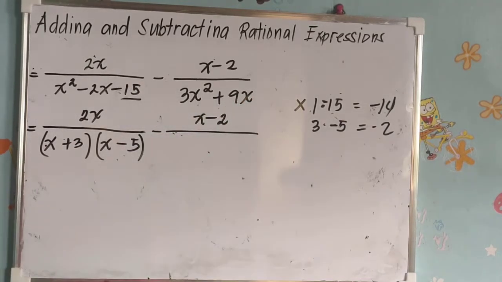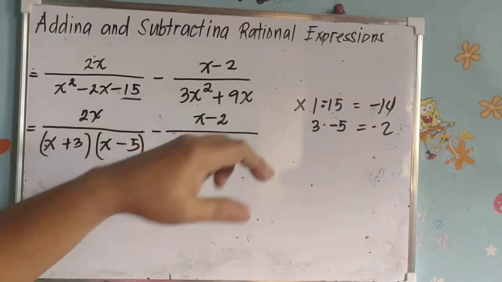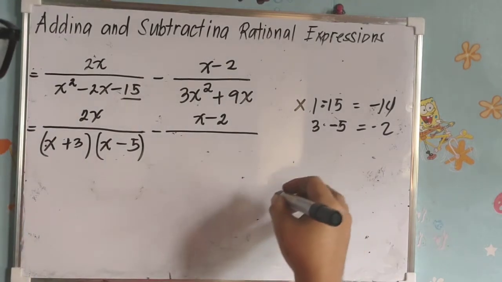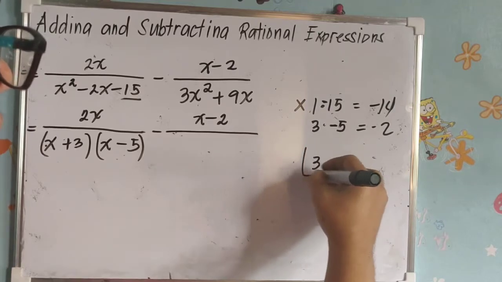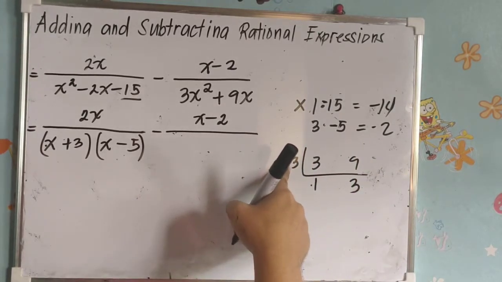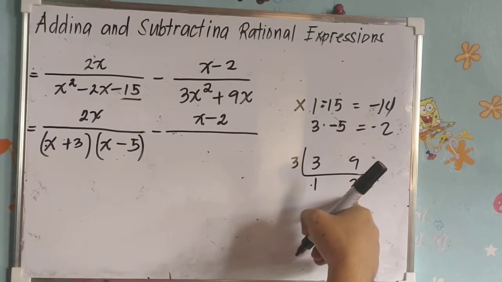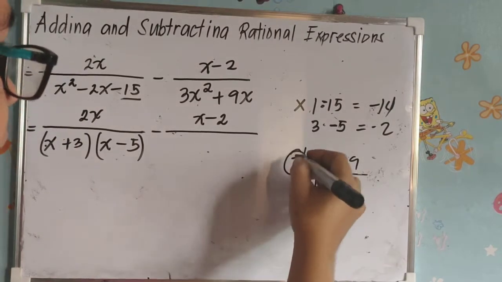Then x minus 2. Next is 3x squared plus 9x. So 3 and 9, both divisible by 3, 1 and 3. So 3 times 1 is 3, 3 times 3 is 9. So that means the GCF is 3.